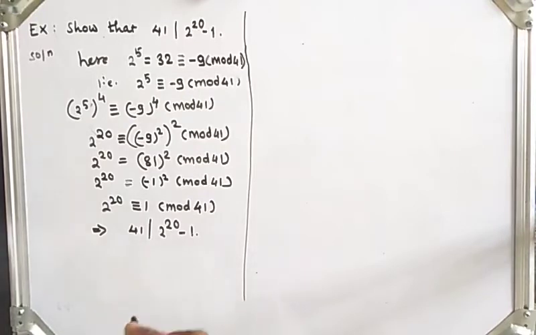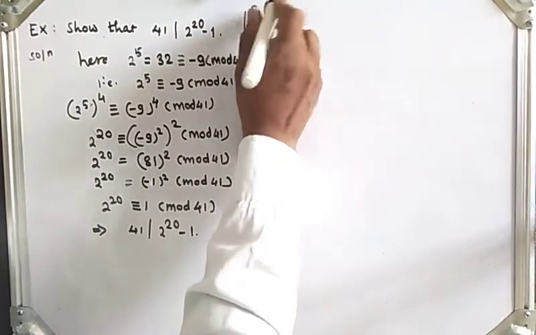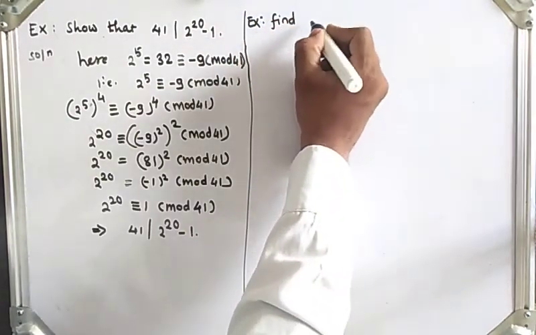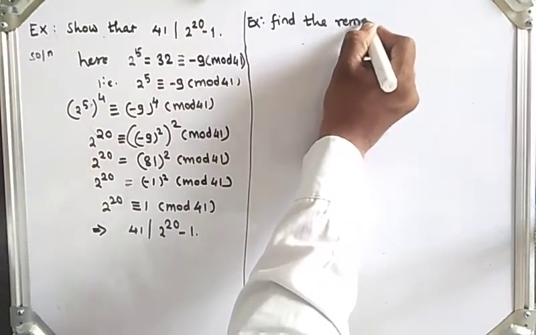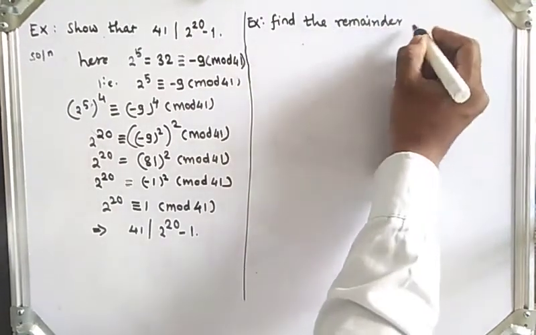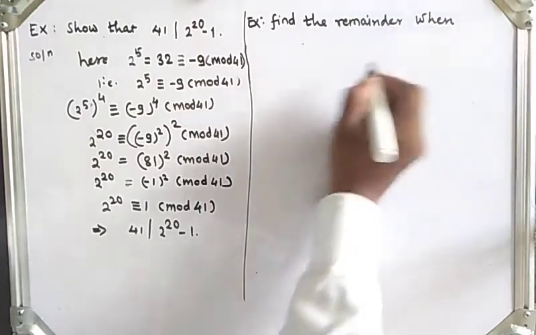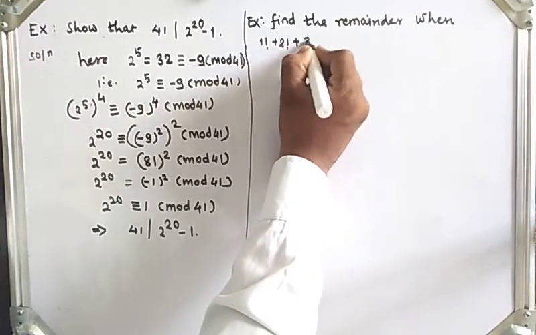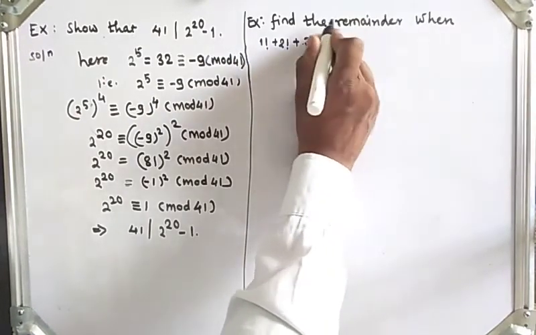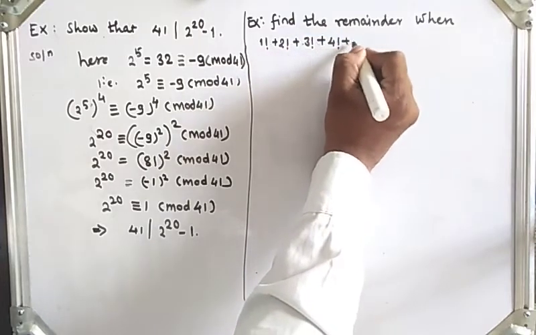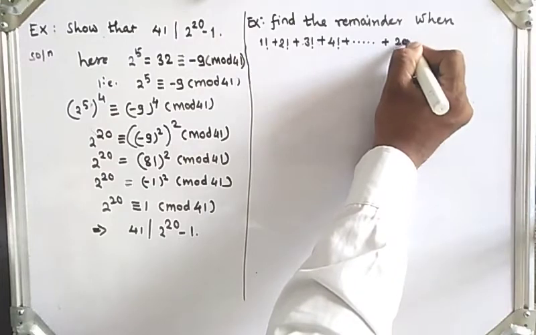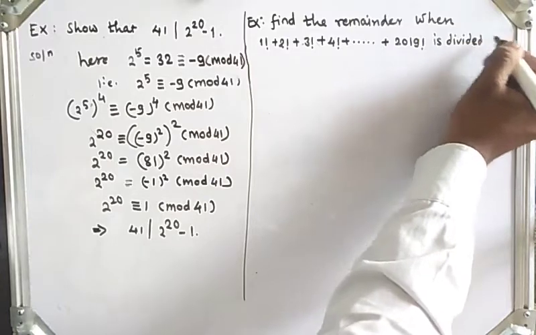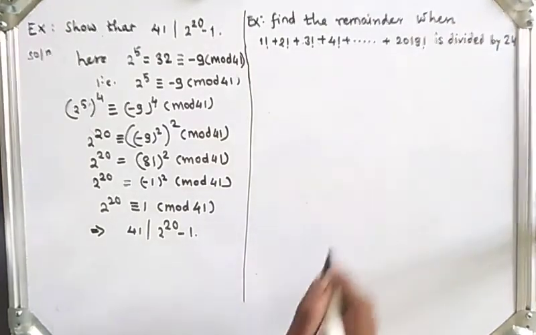I will take an example: find the remainder when 1 factorial plus 2 factorial plus 3 factorial plus 4 factorial, and so on, up to 2019 factorial, is divided by 24.